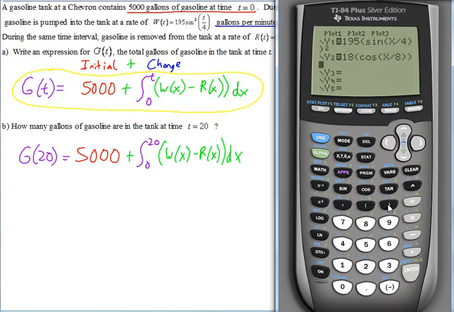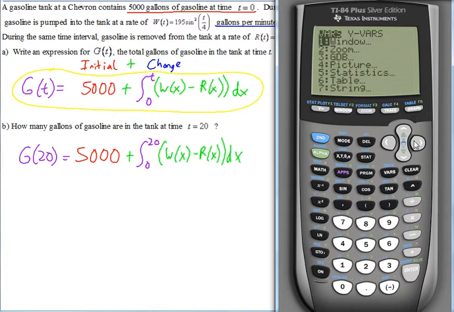I want to square the whole cosine. And then this one has a plus 10 as well. And again for y3, I'll just go ahead and enter in y1 minus y2.